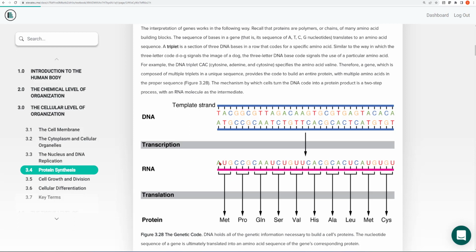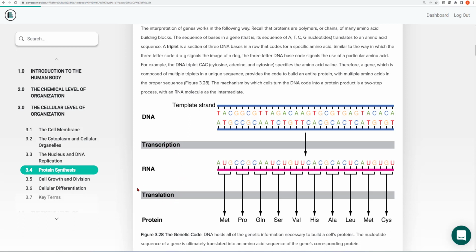From the nucleus, this single-stranded RNA molecule is going to leave the nucleus through those nuclear pores that we saw last time around the nuclear envelope. And this mRNA is going to leave the nucleus and go out into the cytoplasm. And there is where translation will occur. So we see two processes. First, transcription, followed by translation.